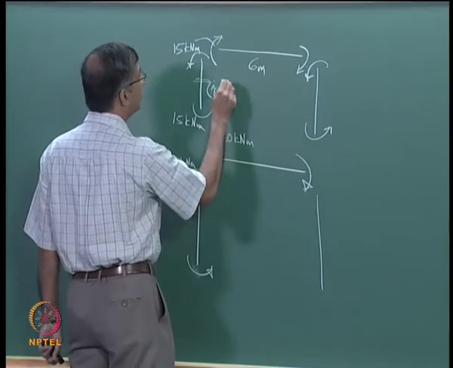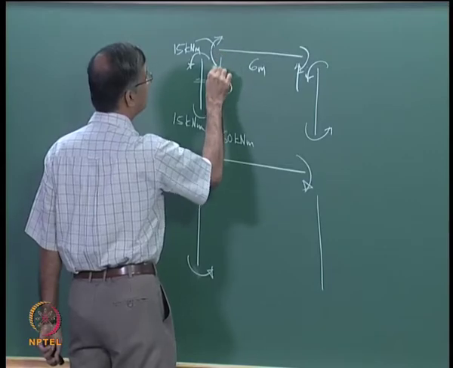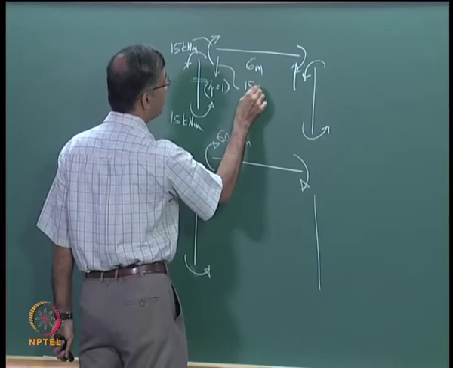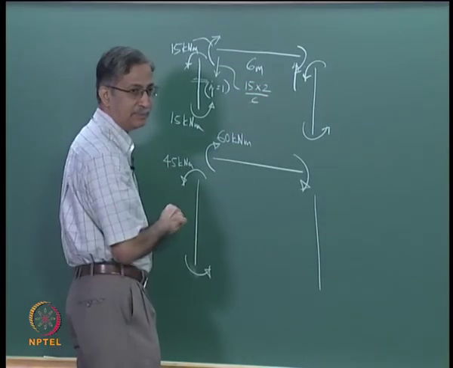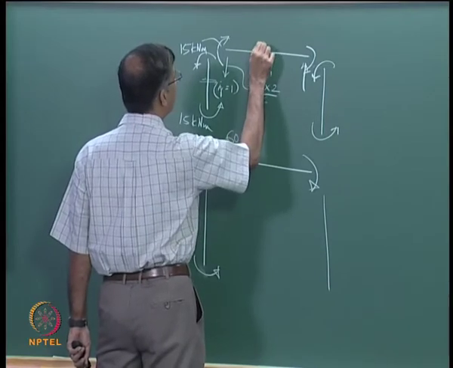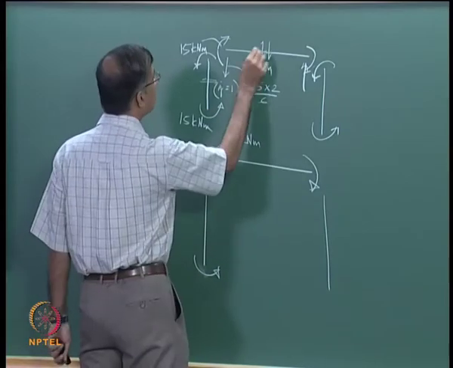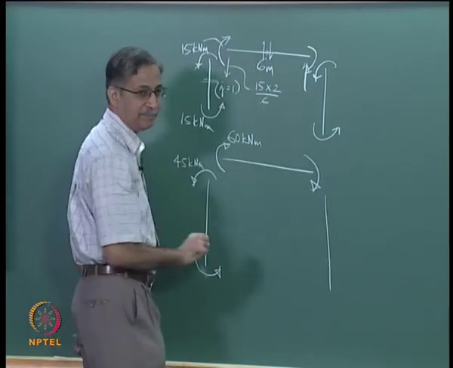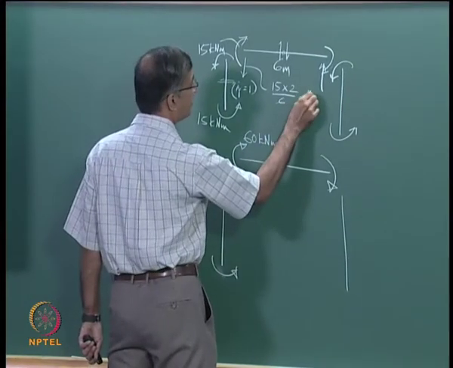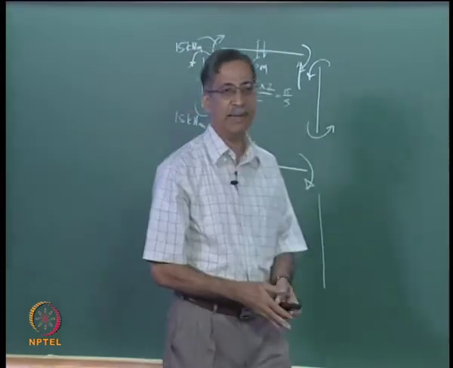So you will have a vertical reaction like this, right? This is the couple, so what will be this value? It will be 15 into 2 by 6. Another way to put it is you have a hinge there, so you can draw arrows like that. So you could say this is nothing but this divided by 3. Okay, it is the same thing. So this is same as 15 divided by 3, which is 5. So you can work out the beam shears and so on and so forth.